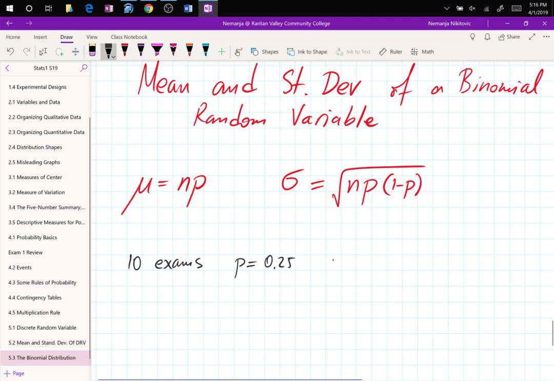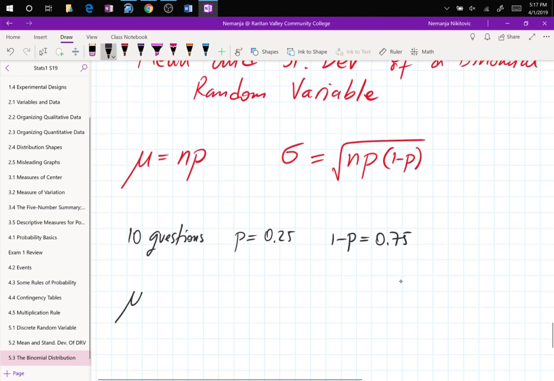Which will mean that 1 minus p, which is probability of failure, is 0.75. And you have 10, so not 10 exams, 10 questions. 10 questions on the exam. So the mean is 10 times 0.25, which is equal to 2.5 questions. That's the mean.